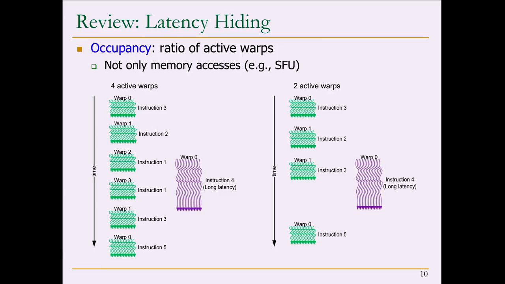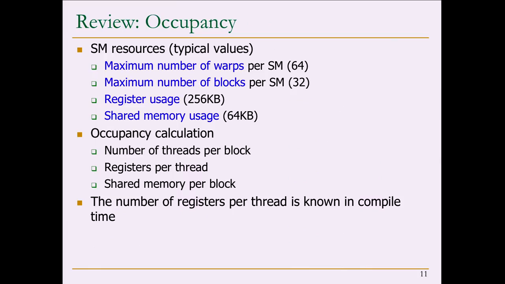Essentially, this means that it is good to have enough threads running on each SM so that long-latency operations can be hidden by the execution of arithmetic, logical instructions on the cores by other warps. We also saw this slide about the occupancy.